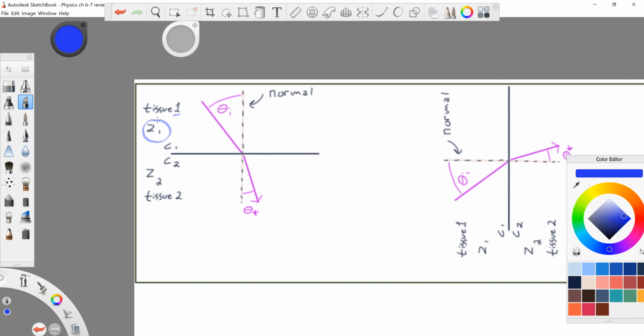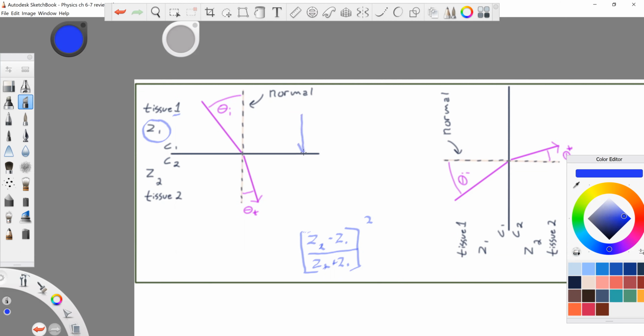Now, (Z2 minus Z1) over (Z2 plus Z1), that whole thing squared.